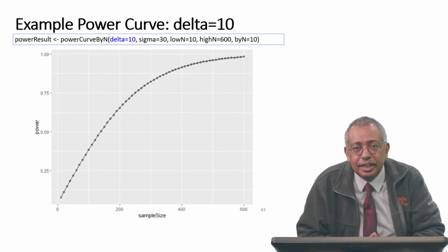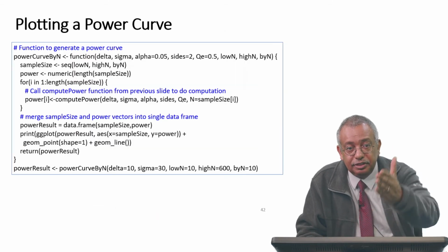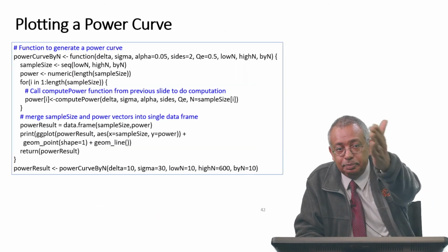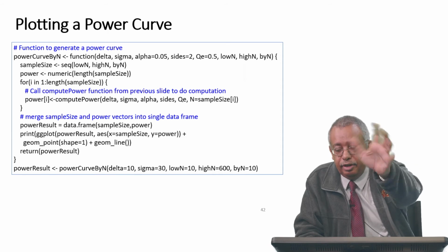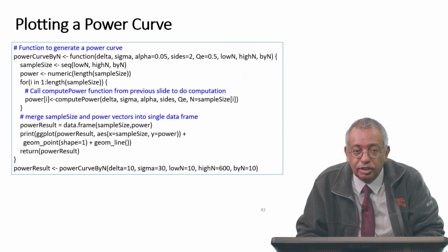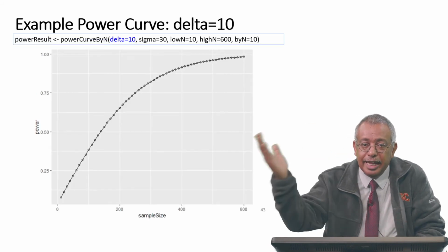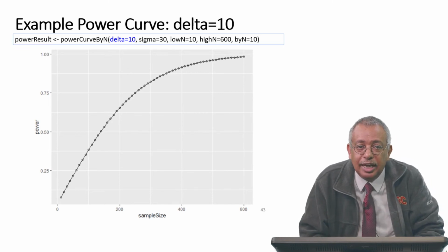This is one example that you can actually do. In the previous page, there is a loop that has already been built into the function that we have created in R. And therefore, you can ask the software to plot it for you, and you can get a range of what sample size would be needed in order to achieve what power.